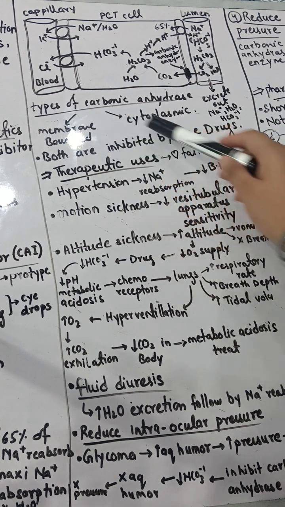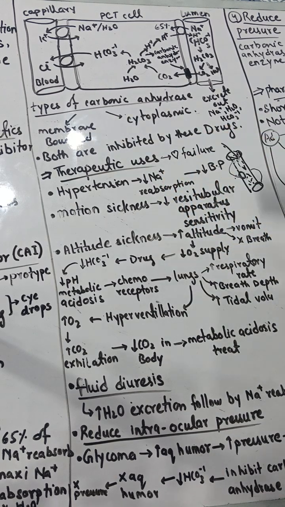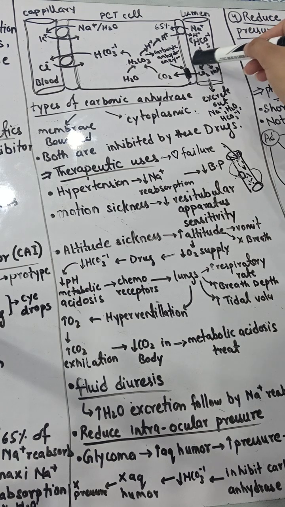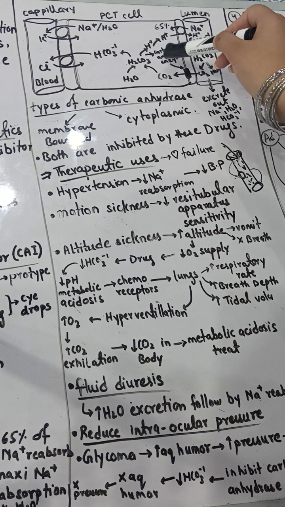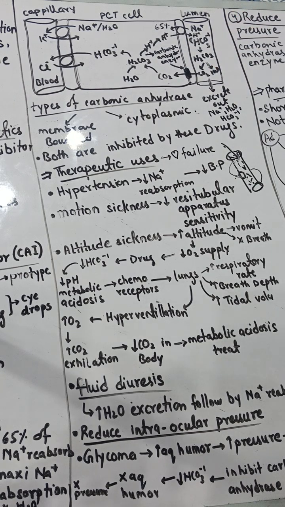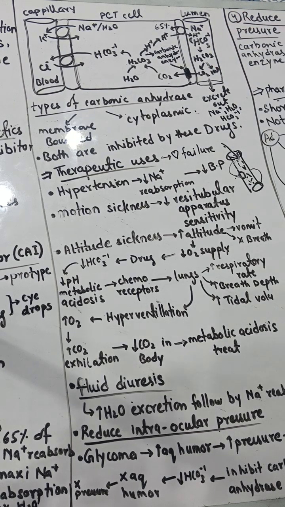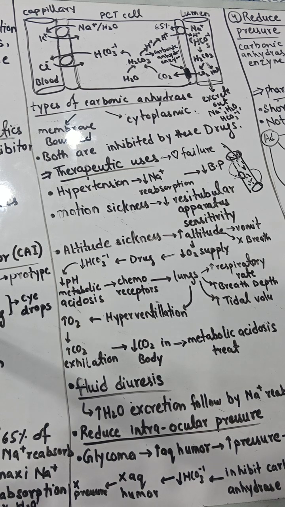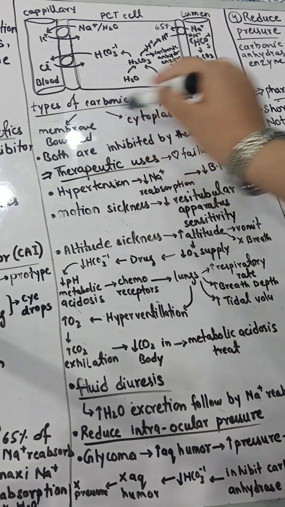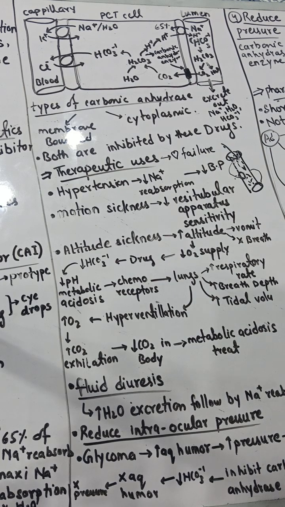First is membrane bound and second is cytoplasmic. As you can see here, this is a membrane bound enzyme, and this enzyme is present in the cytoplasm. It doesn't matter whether it is membrane bound or cytoplasmic, your carbonic anhydrase drug will block both types of these enzymes.